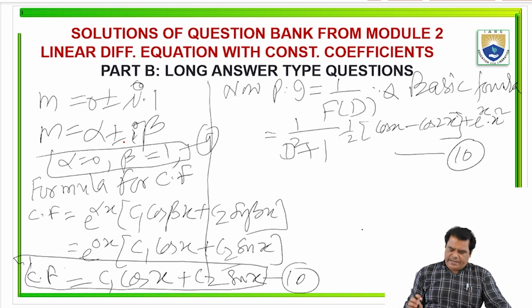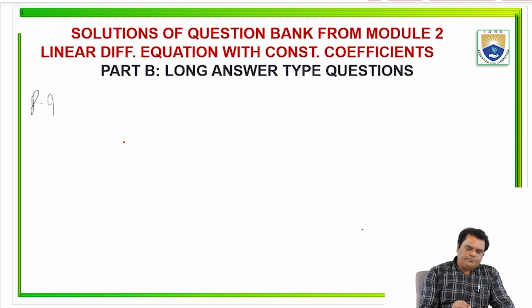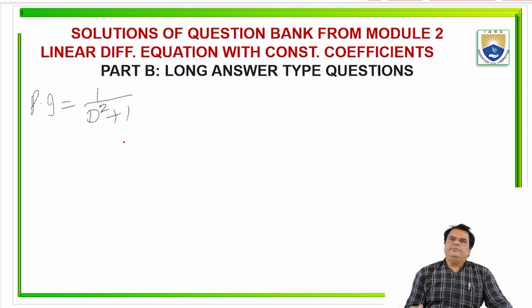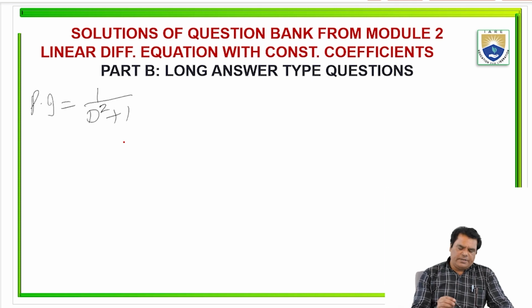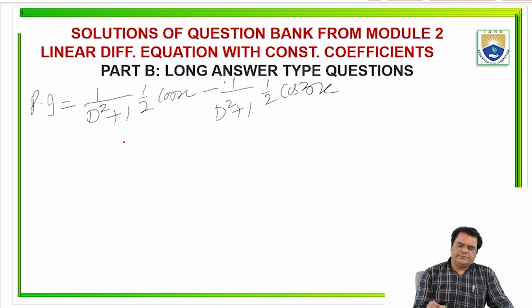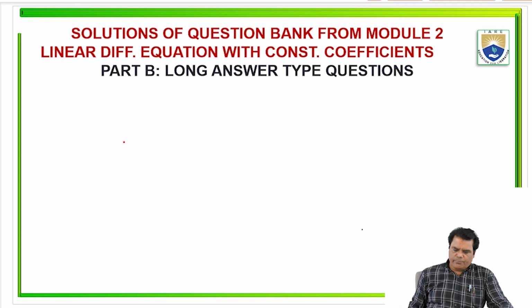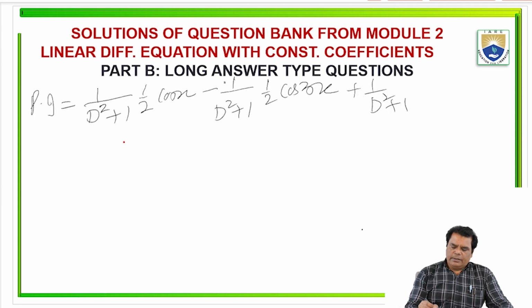Now finding PI of 10. So PI is equal to 1 upon D square plus 1 into 1 upon 2 cos x, minus 1 upon D square plus 1 into 1 upon 2 cos 3x, plus 1 upon D square plus 1 into e to the power x into x square.